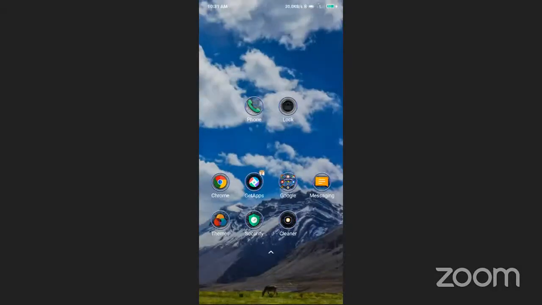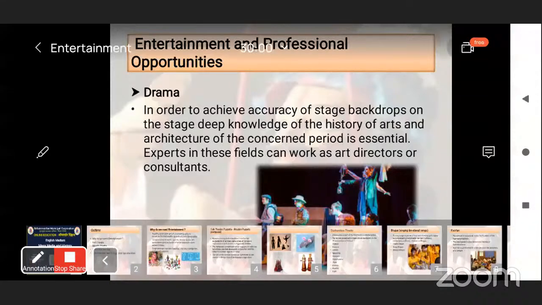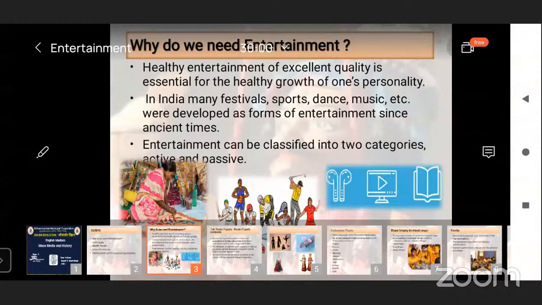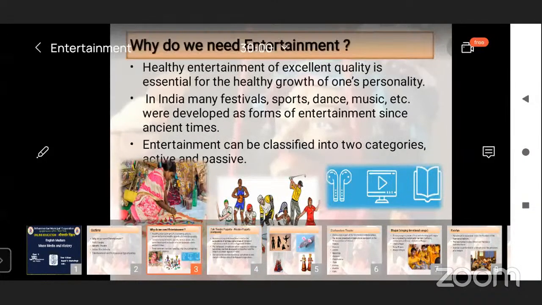I'm giving you all 5 minutes. Let's have a quick revision of what we completed in this chapter. Yes, we have seen the need of entertainment. Why do we need entertainment? Then in the entertainment part, we have seen active entertainment and passive entertainment.